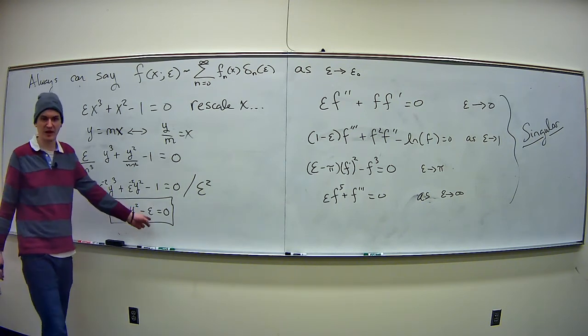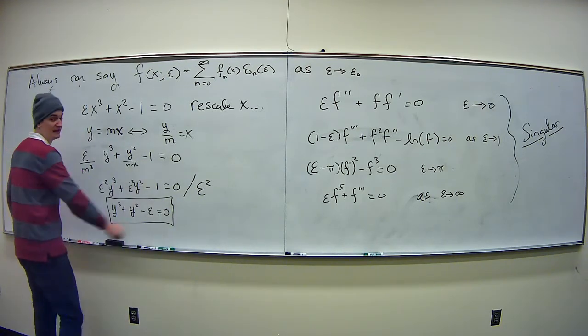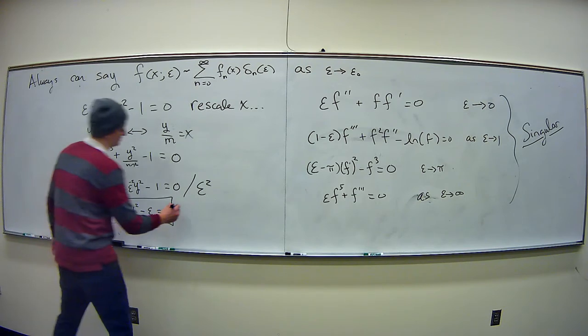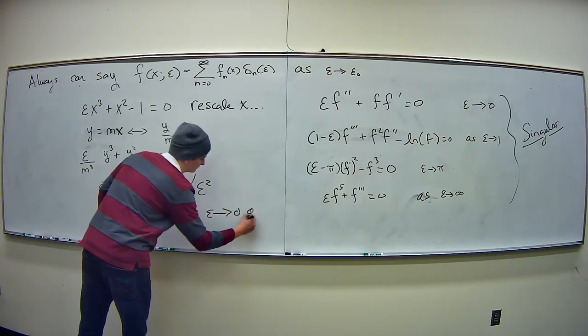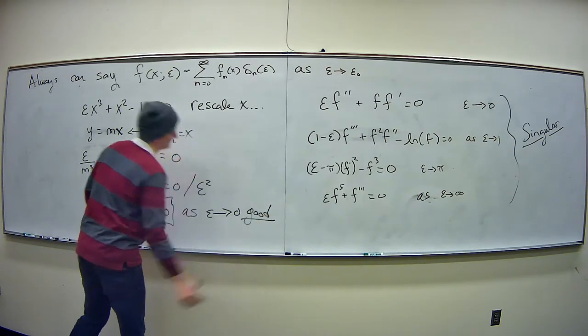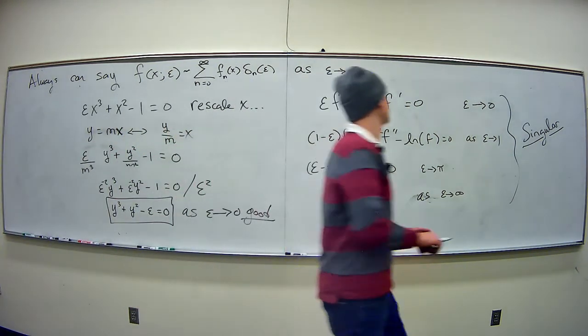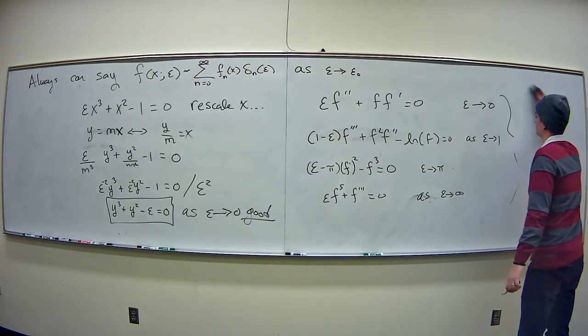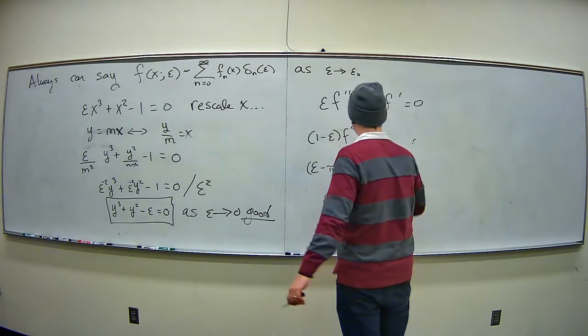So there's no problem with epsilon going to 0 in this polynomial. I don't get an infinity in this polynomial as epsilon goes to 0. That's important, that I don't have some infinity. So the same things will happen for differential equations. So that's the singular rescaling.